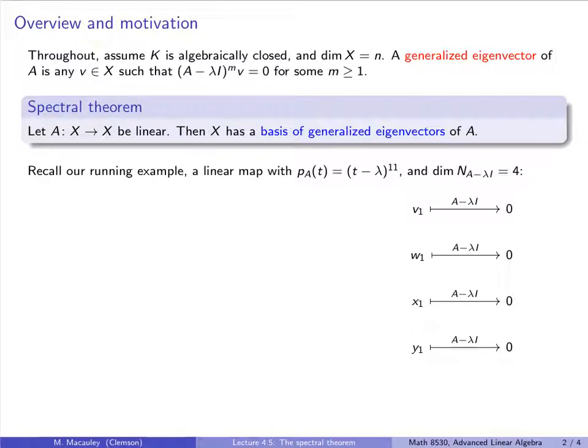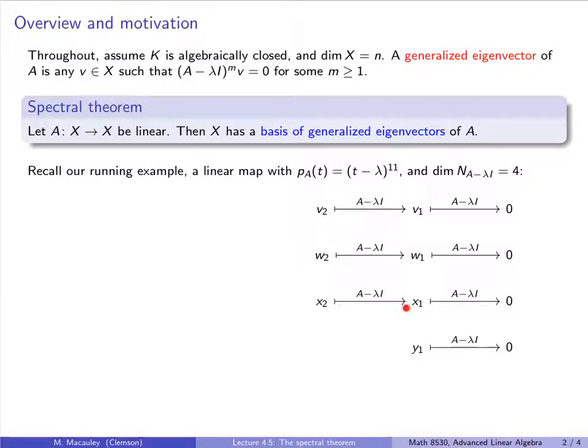Now what we usually want is a basis of eigenvectors of our entire space. But if we have a linear map like this, and we only have 4 eigenvectors, we obviously can't get that. So the idea of the spectral theorem is that we can at least find vectors that map onto these eigenvectors. In other words, maybe there are vectors v2, w2, and x2 that map onto v1, w1, and x1.